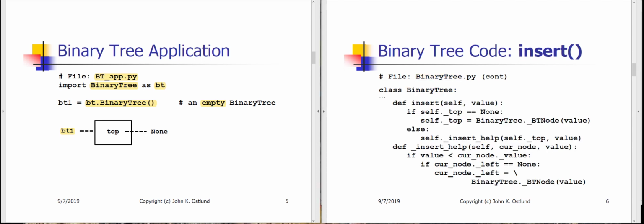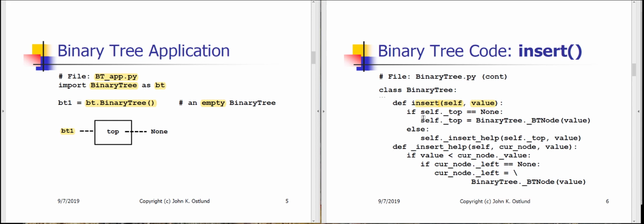Okay, so now that we have our empty binary tree object, we want to be able to insert values into this binary tree object. In the insert method here for the binary tree, self is a reference to the binary tree object. Value is going to be the value that we want to insert into the binary tree. Now, there are two possible cases that insert has to worry about.